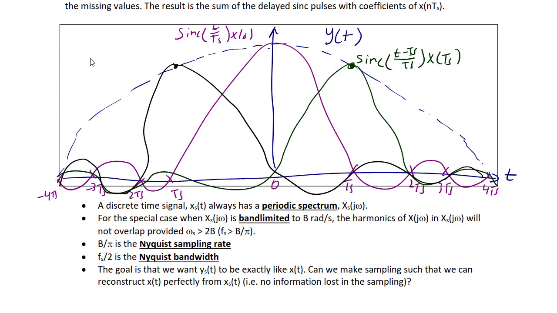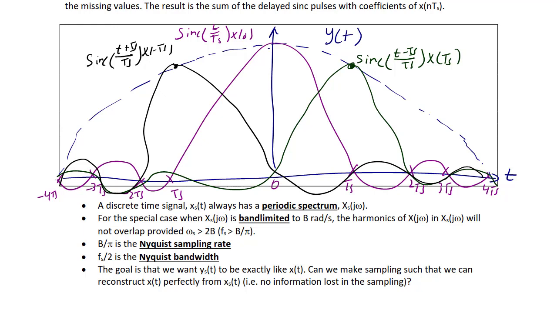And this is sinc of t plus Ts over Ts, x of negative Ts. And you would continue to do this. And when you add all of these together, it reconstructs to y of t to get the original signal back.